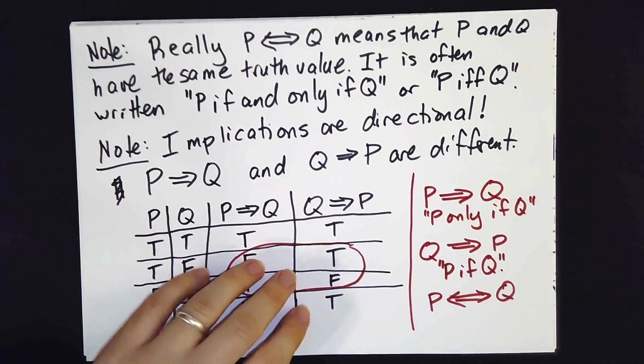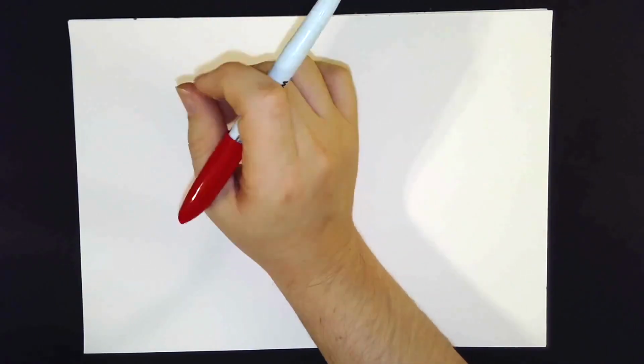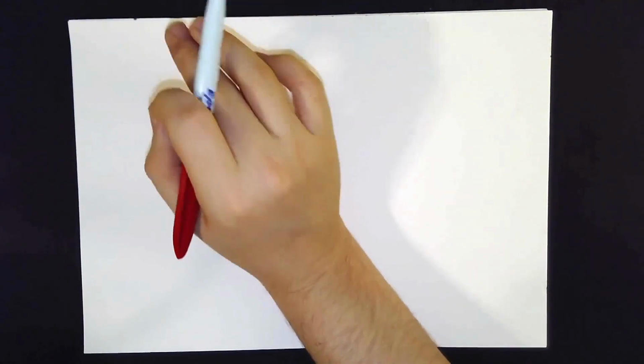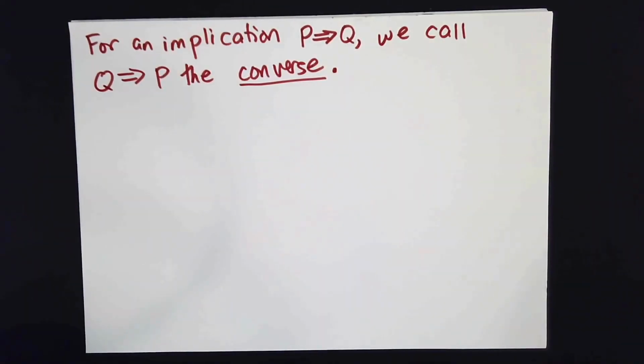So for every implication, it makes sense to ask about the implication the other direction. And we give that implication a name, namely we call it the converse of the original implication. As you learn more and more math, you'll learn more and more theorems, and inevitably those theorems will have the form if something, then something else.